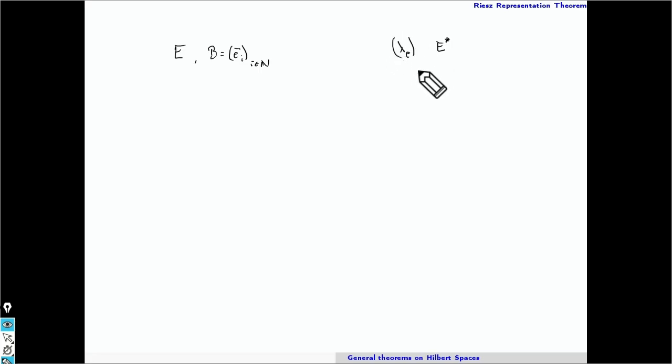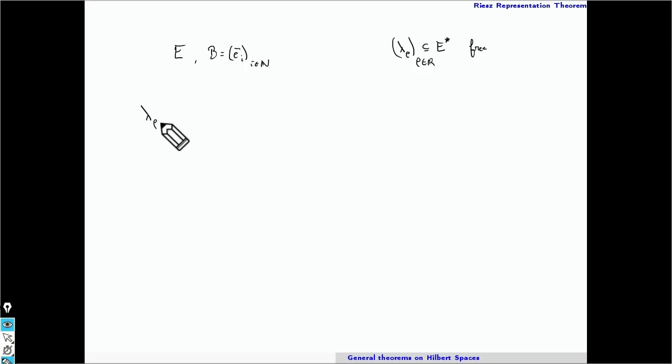So in this example, we exhibit an uncountable family of linear forms that are also linearly independent. So the basis here is countable, and if we find a basis of the dual, it will be uncountable.